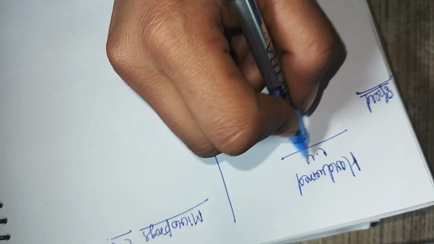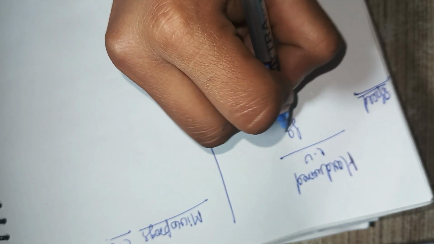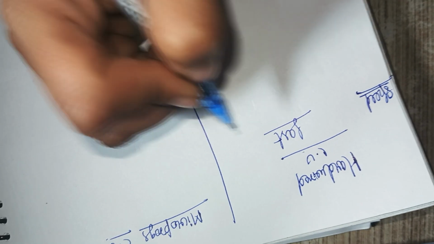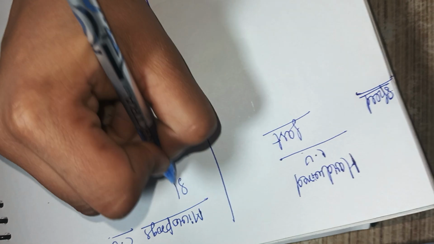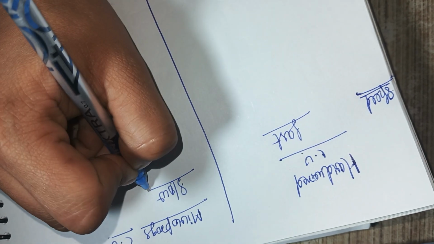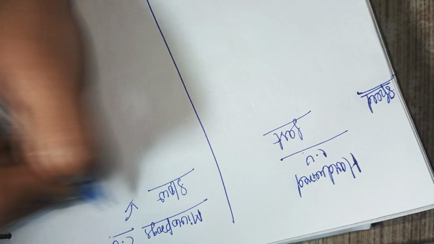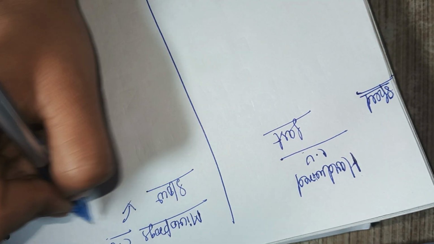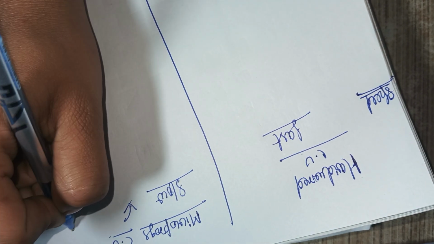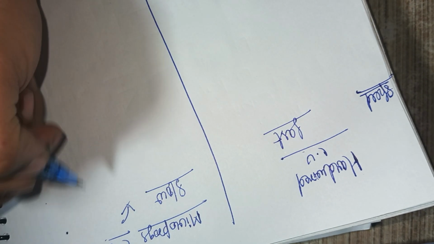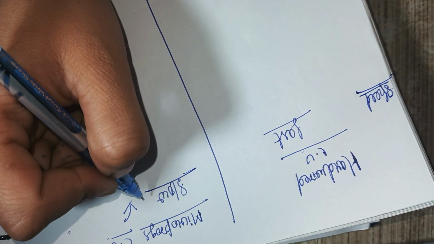Speed in the hardwired control unit is fast because it is implemented using a combinational circuit, and here it is slow because we have to refer to the control memory for the instruction. So here is the time issue, that's why it is slow in speed.